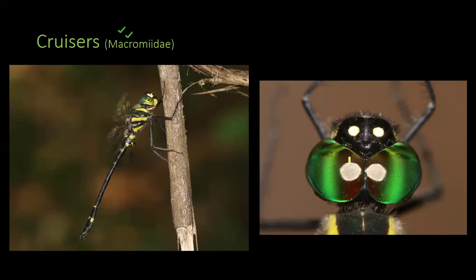Also, if you look at this picture, you can see a metallic bluish reflection on the body. So that's a general field character that you can always use to identify the Macromiidae family.